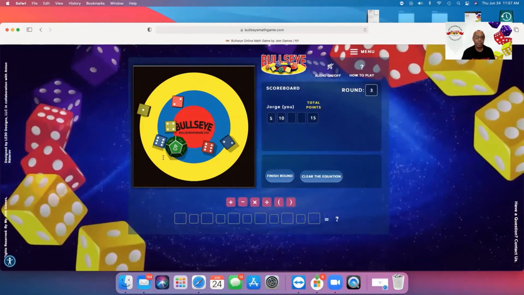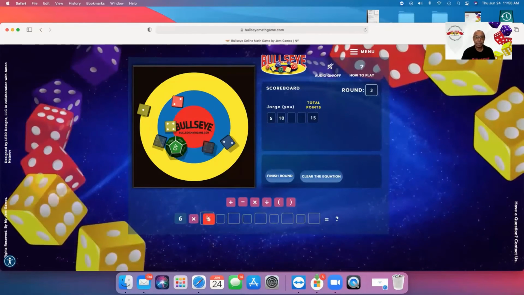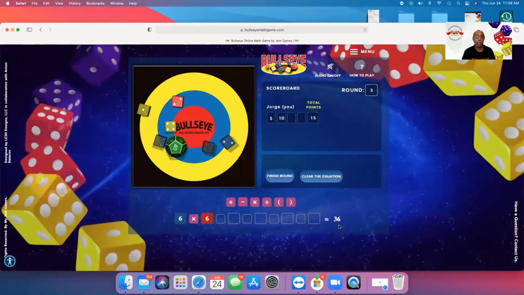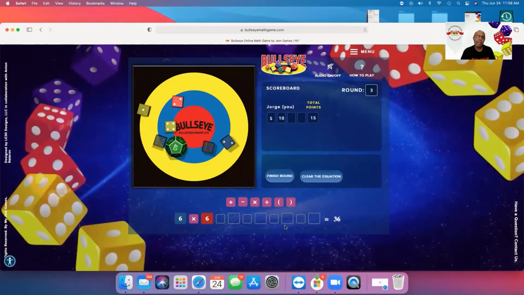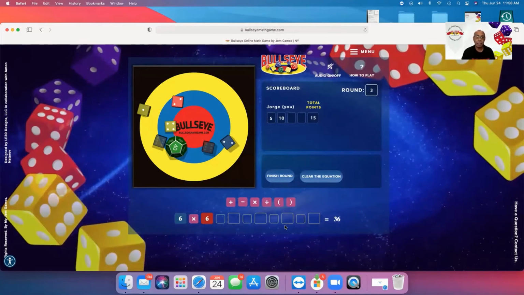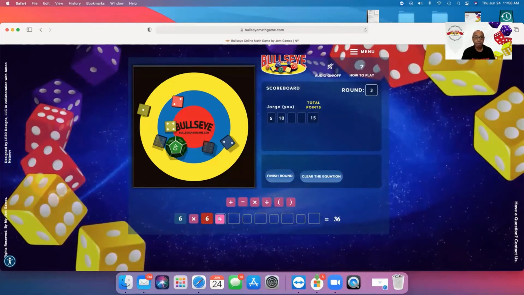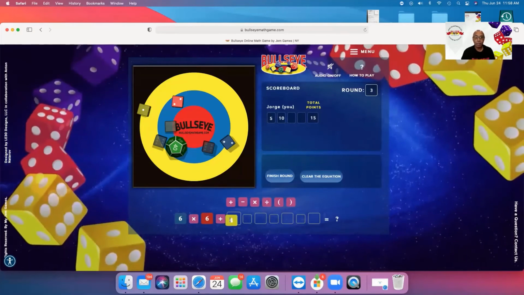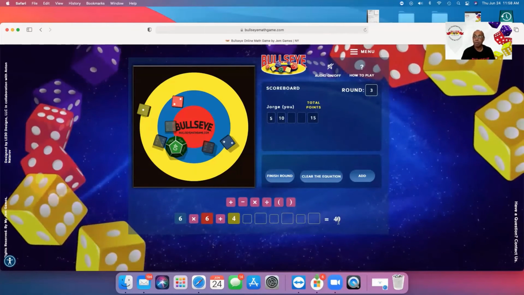I can do this. 6 times 6 gives me the product of 36, right? And then I may not have to use parentheses for this particular number sentence, right? Because I can just simply add 4 to that, right? And that will give me my bullseye number of 40.